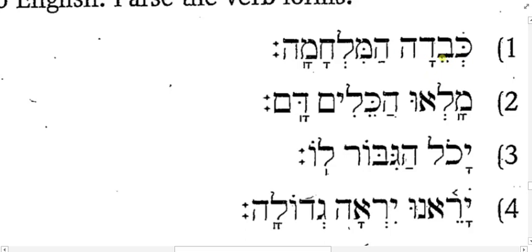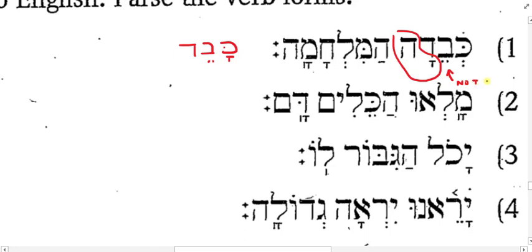and notice that I've added a kametz hey to this form, okay? So I know that I'm starting with kaved as a form, and the kametz hey has been added to it. The question is, which kaved am I looking at? Notice that when I add the kametz hey, the sere right here does not reduce, does it?